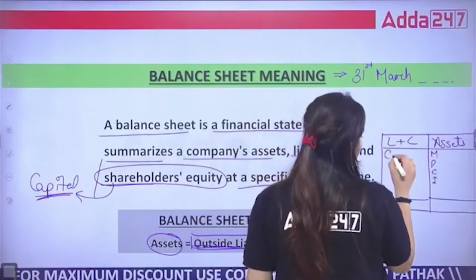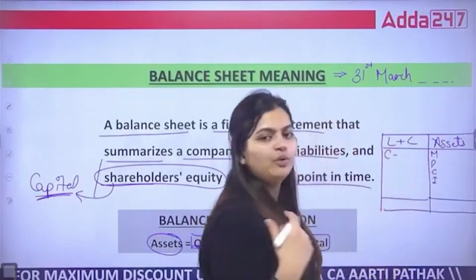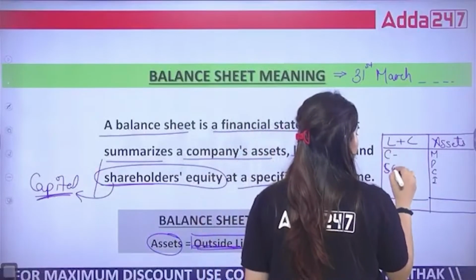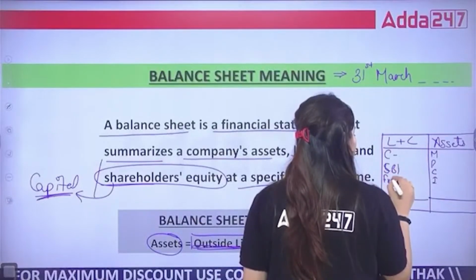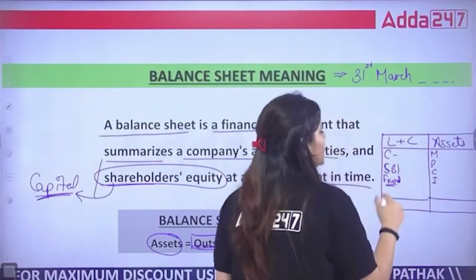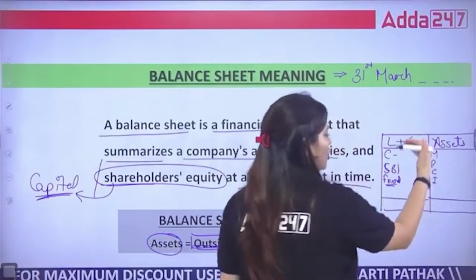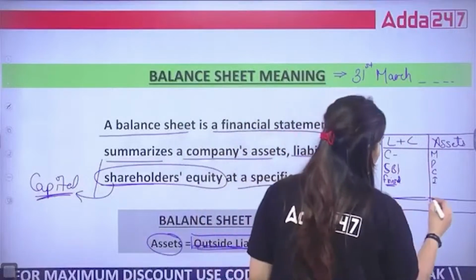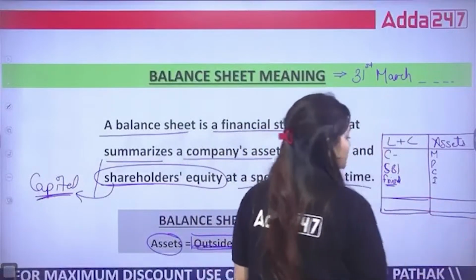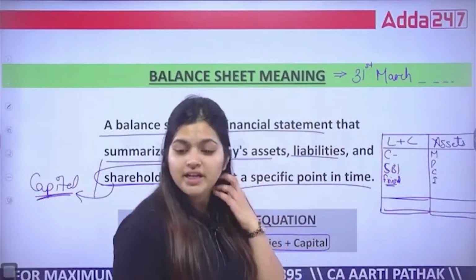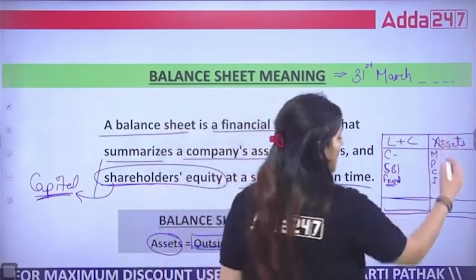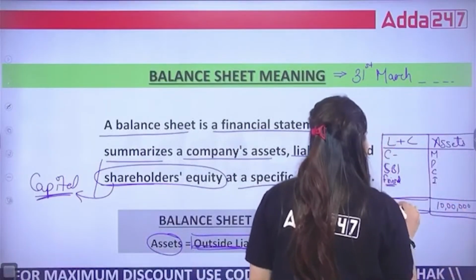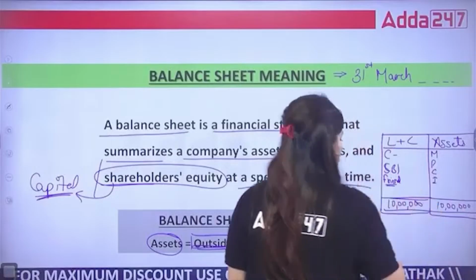Next, when you started this company, you invested capital, plus long-term capital like the SBI loan you have taken, and the amount from friends you have taken. All these liabilities, obligations will come on one side. And ultimately, when you are closing this statement, both sides need to match, correct? If your assets are 10 lakhs, your liabilities and capital also need to be 10 lakhs.